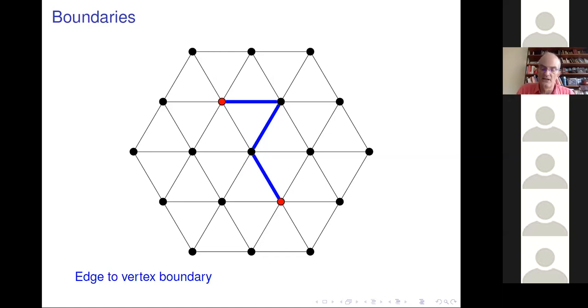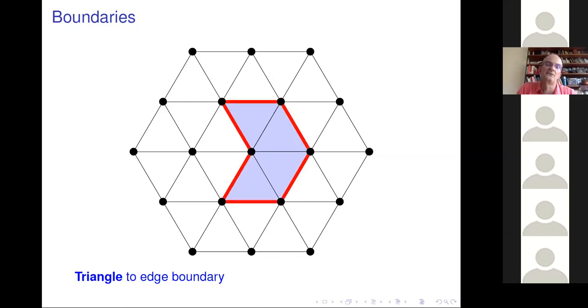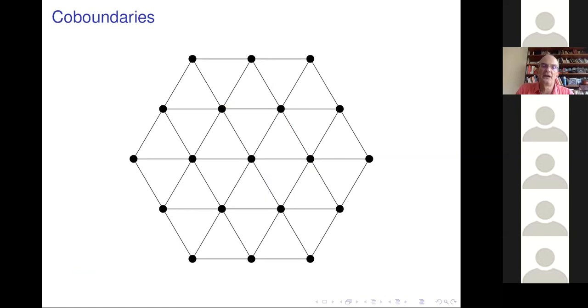They're really the points that are hit an odd number of times by a set of edges. And we also have triangle to edge boundaries. When we have a bunch of triangles, their boundary is what you can think of naturally. The edges that are hit an even number of times here in the middle go away.